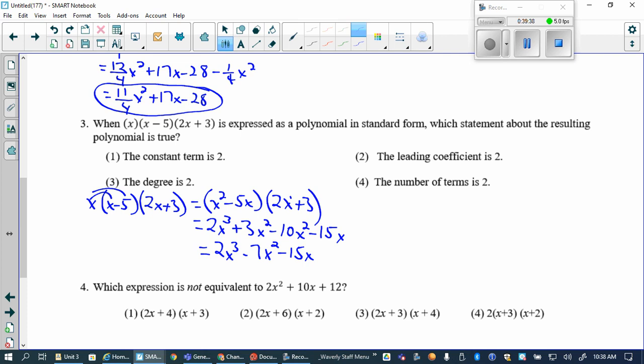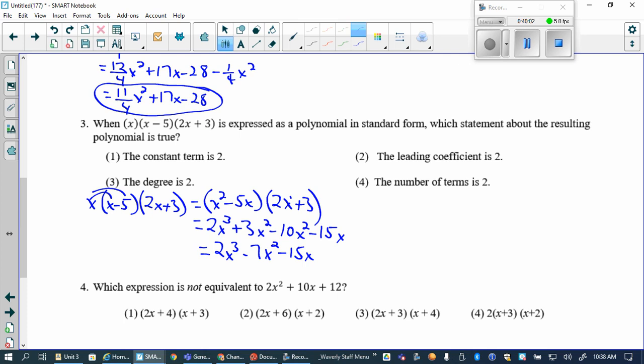All right, answer the question. Which one of those is correct? Number 1, the constant term is 2. Is there even a constant term in there? There isn't one, right? They all have x's on it. What about choice 3? What's the degree of that expression?